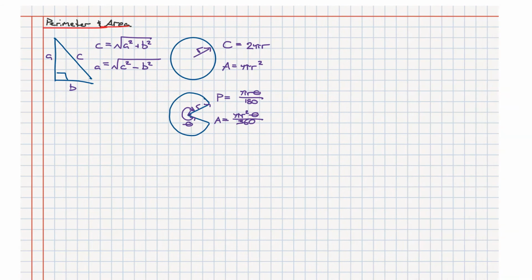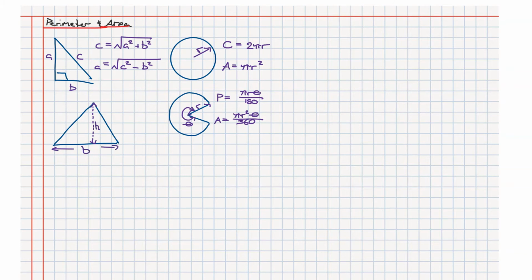Alright, another thing we often forget is the triangle itself. Area of a triangle is, say we've got something like this. So it's not a right angle, but we're given the height, h, and we're given the base, b.